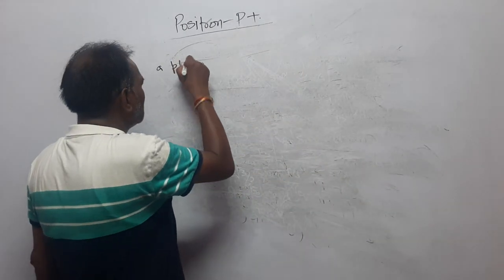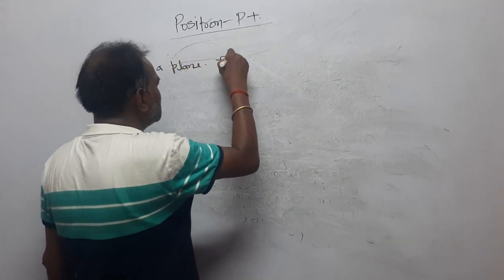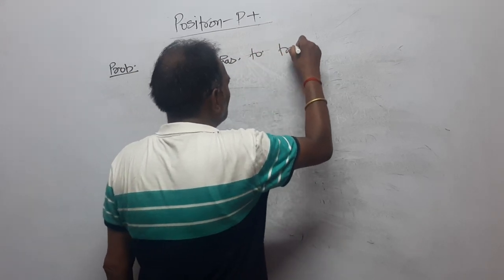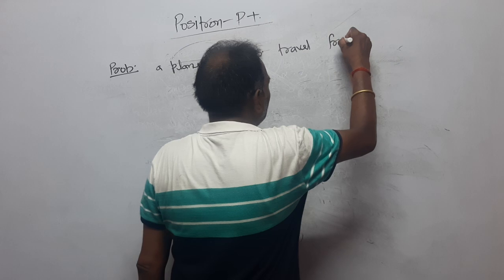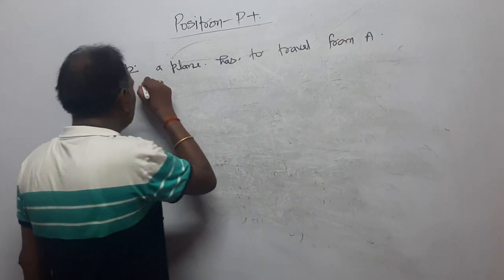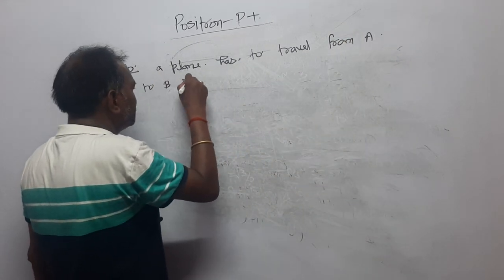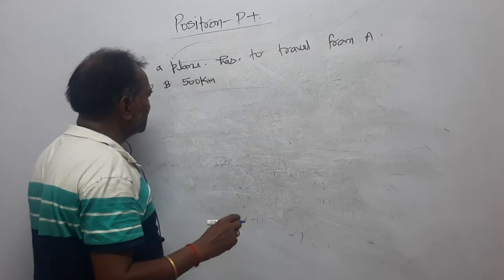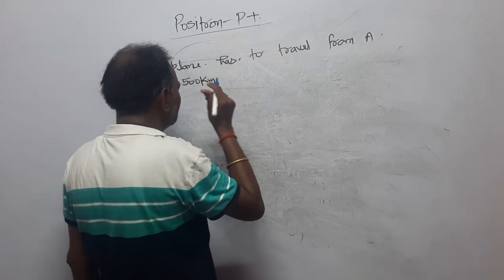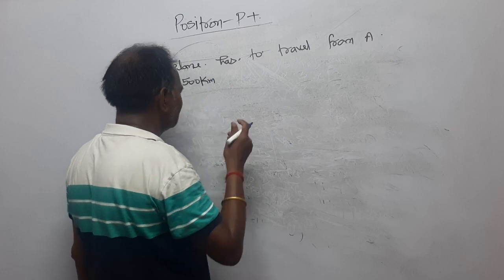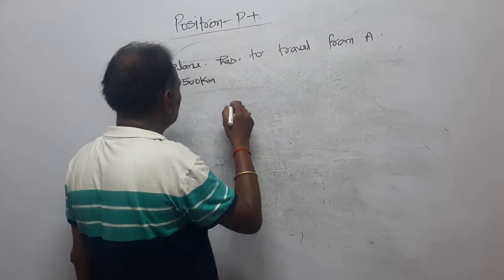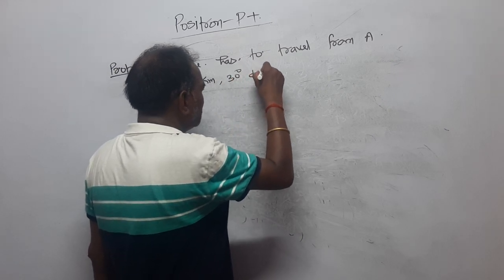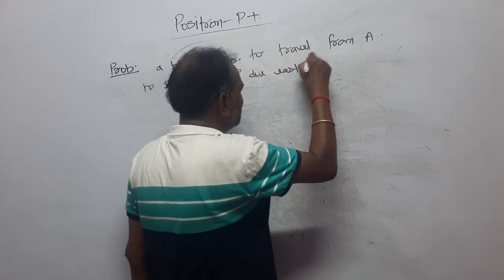A plane has to travel from A to B, 500 kilometer, 30-degree due east of north.